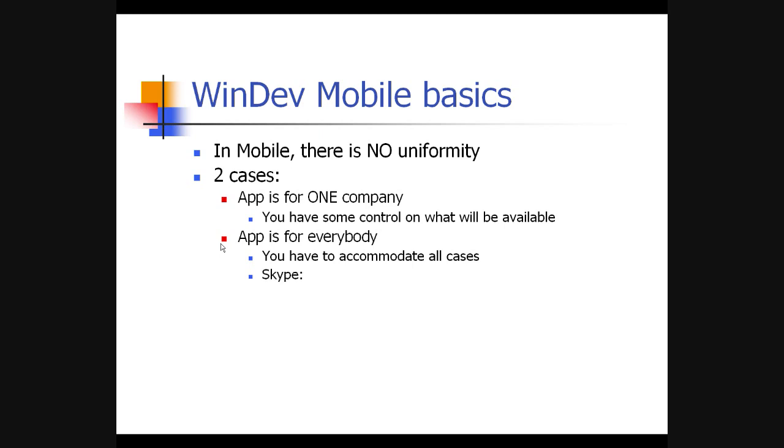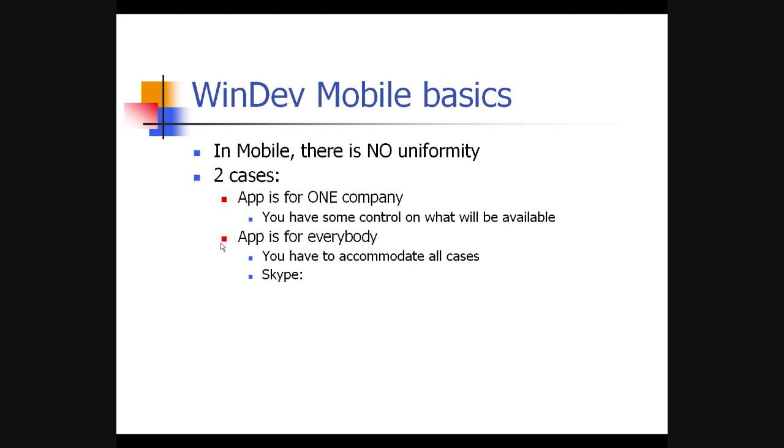Let's take an example, Skype. Skype is a very big program out there. If you're not using it yet for your communication, I would strongly advise that you have a look at it. I'm using it heavily for all my communication needs, and well, there is a Skype mobile version that works on Windows Mobile the same way that your application could work on Windows Mobile.